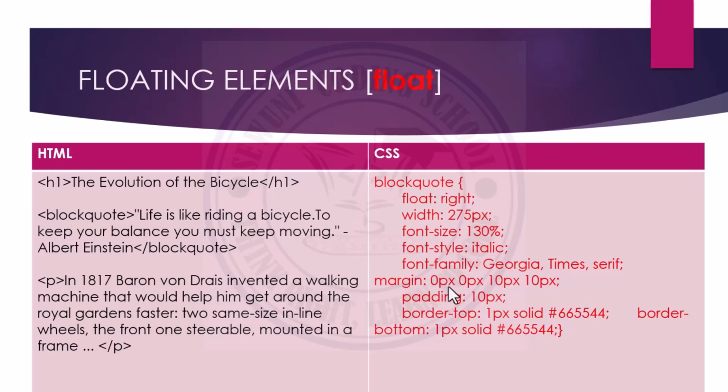Margin 0 0 10 10 means 0 to the top, 0 to the right, 10 to the bottom, and 10 to the left. It has padding, and then a border top of 1 pixel, solid, and the others. So let's check out float in our text editor and browser.